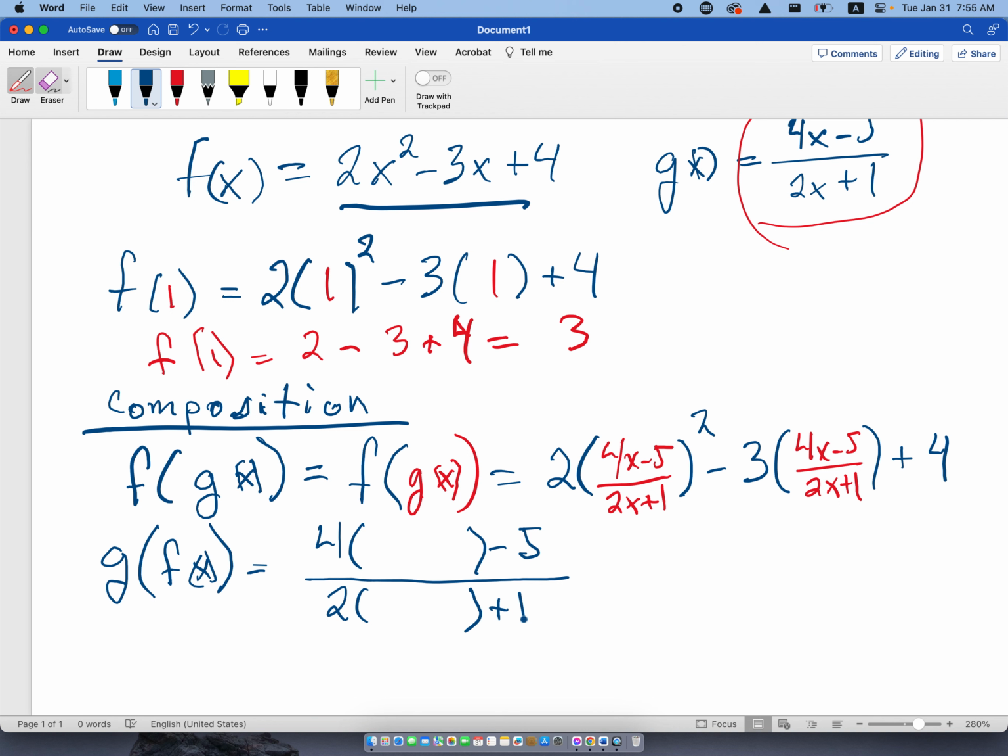What goes into those open parentheses? The whole f function, okay, the whole thing. But now, psychologically, it's okay because I've got something that has x's in it, but I'm putting it in an open space, right? And that's a big deal. It really is. Now, some of you, you'll get through it and you see it, but I'll tell you, putting an x in for an x, that causes some of us a lot of issues.